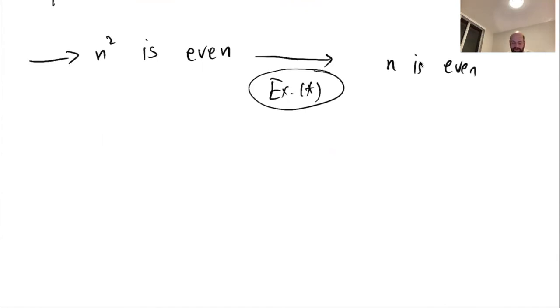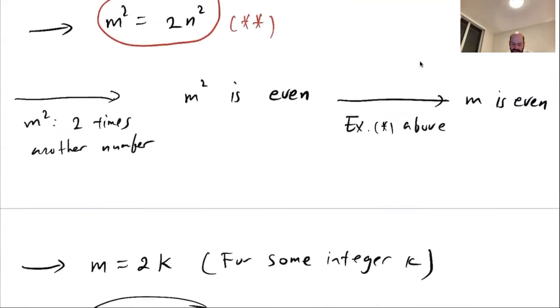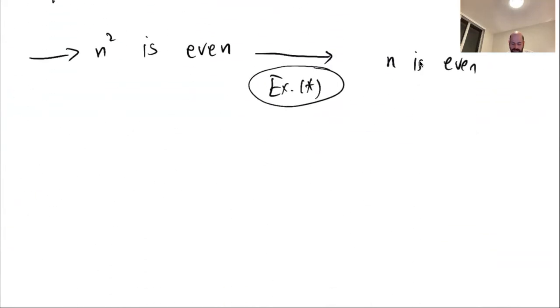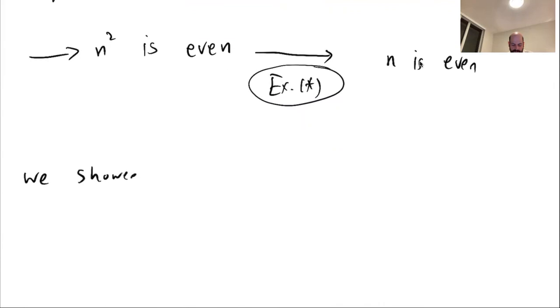So what have we shown so far? We showed that n is even. Previously, we showed that m is even here. So we showed that m and n are both even.